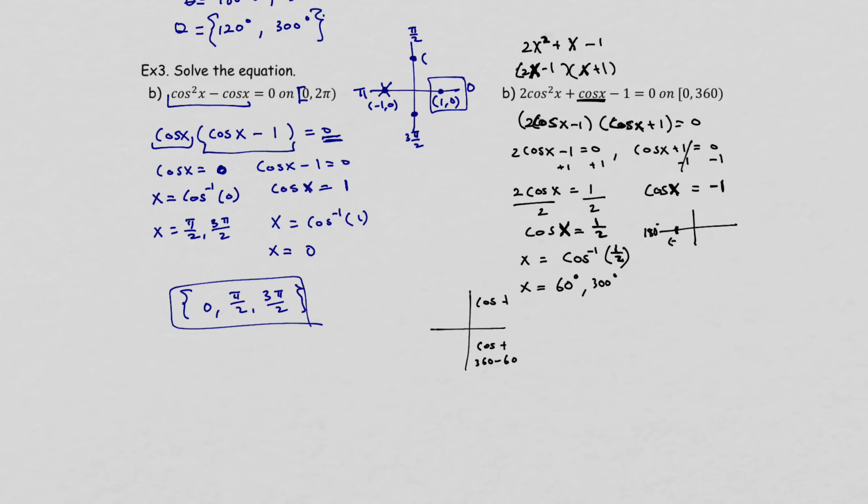This gives you -1, 0. So your x is going to equal 180 degrees. So the solution of this problem could be either 60, 180, and 300 degrees.